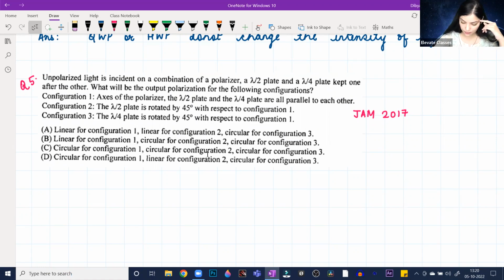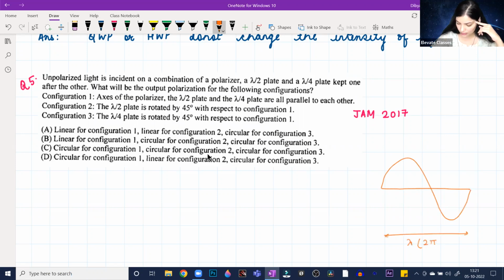Yesterday I told you that if I look at a proper wave, this is lambda, which corresponds to a phase change of 2 pi, which is a full wave plate. And this is lambda by 2, which corresponds to a phase change of pi, which is a half wave plate.